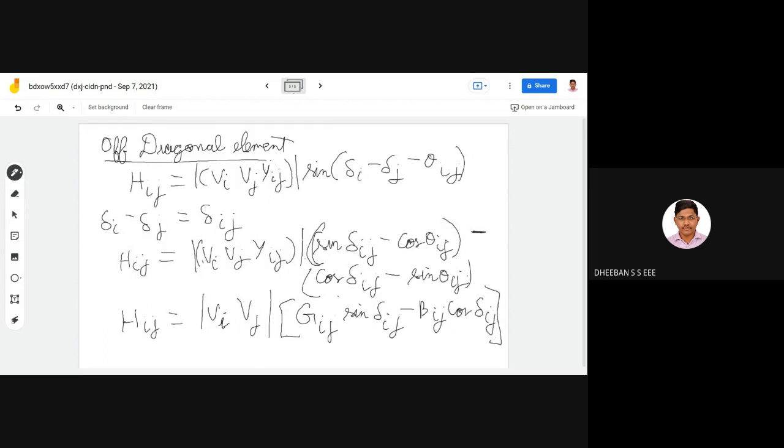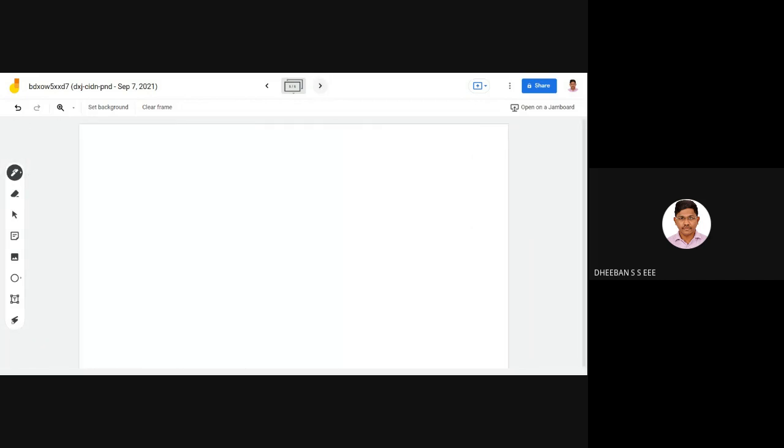The same thing is applicable for your L value. So for the L value, you have to consider it to be your J4.